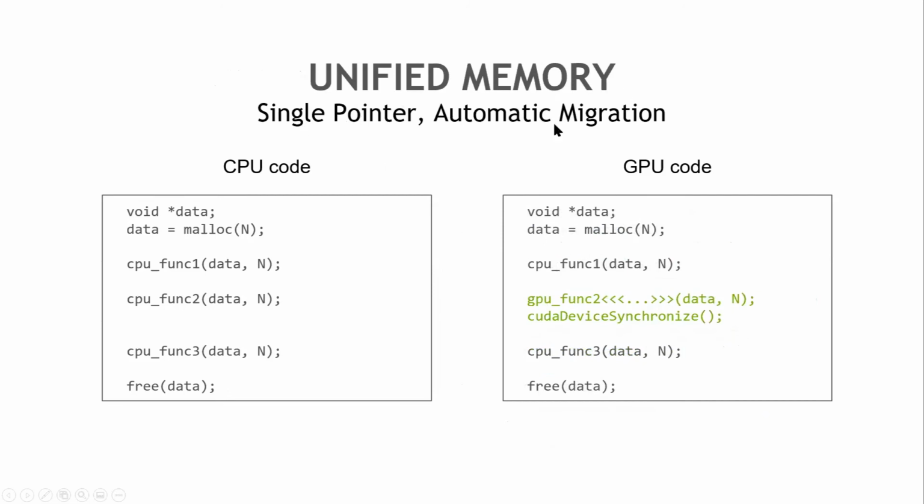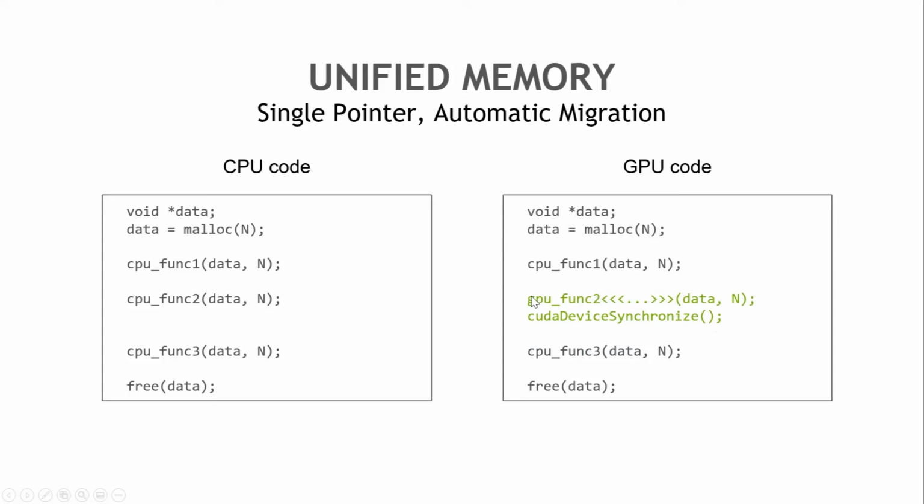Now, with unified memory that was introduced, I think, with CUDA 9 at least, you don't need to manage the data anymore. The code, when it's compiled and at runtime, will detect when data is required and will move it to the GPU.